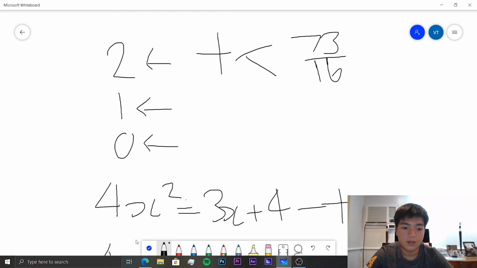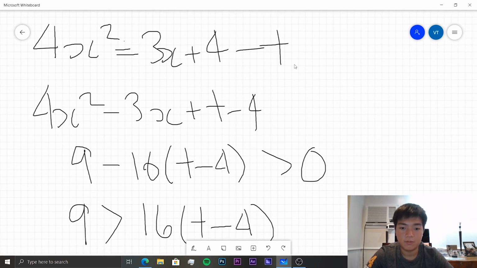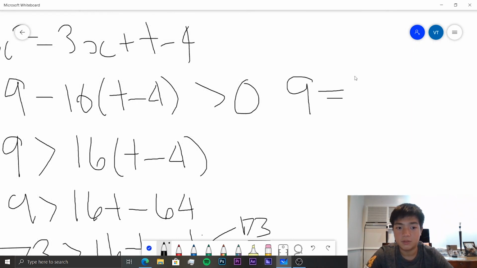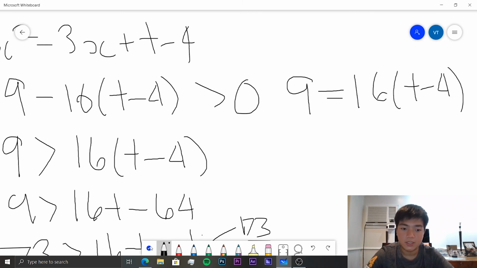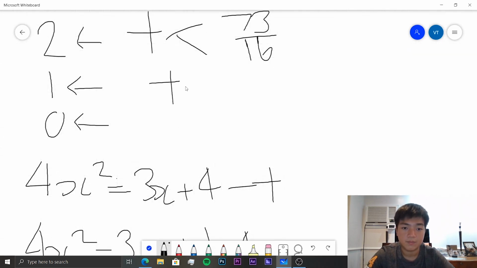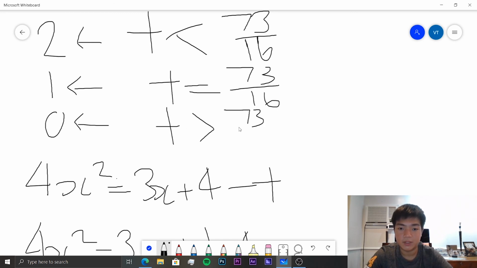What if there's only one real root? In this case, 9 is equal to 16 times t minus 4, since 9 minus 16 times t minus 4 must equal 0, so t must be equal to 73 over 16. And finally, if there are no real roots, t must be greater than 73 over 16.